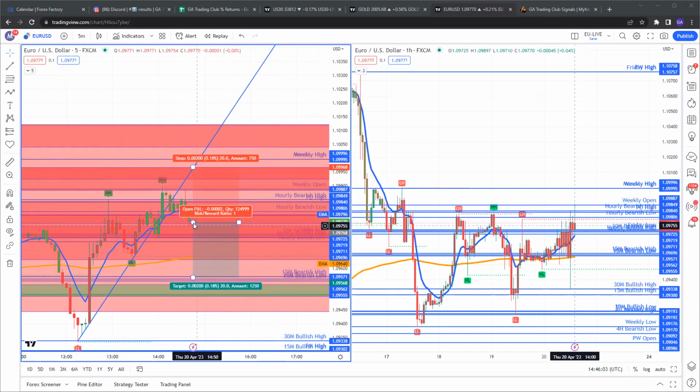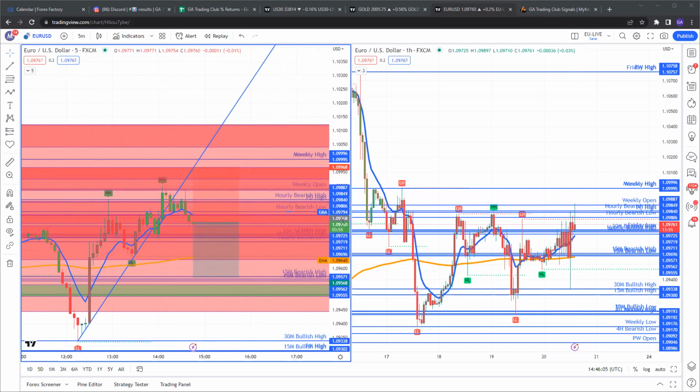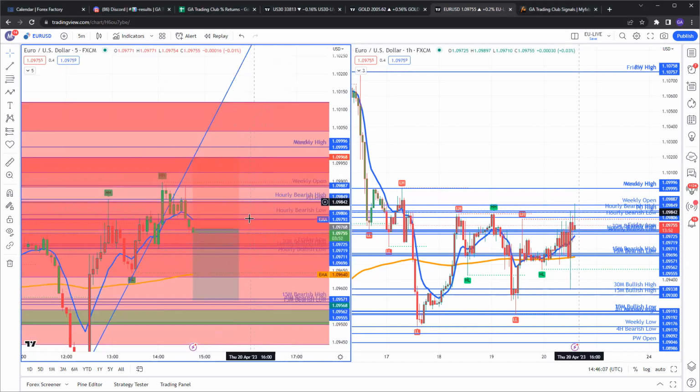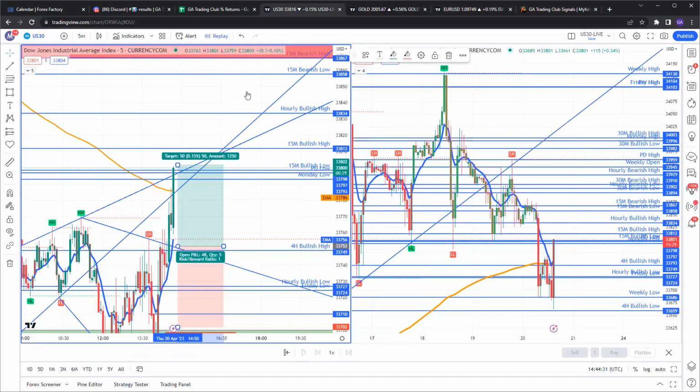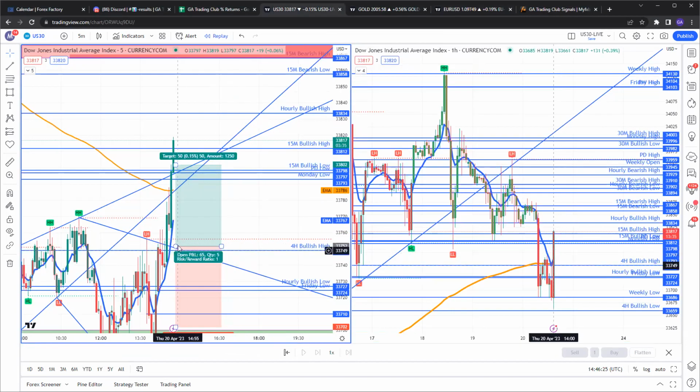So price can ideally come back up to pick up liquidity in any of these supply zones up here. So just use proper risk management. Even for this trade, 0.5% risk. So the only two trades I've called today on the live session are this EU sell that's currently running in profit, and this US 30 buy that I've set a pending order down here.